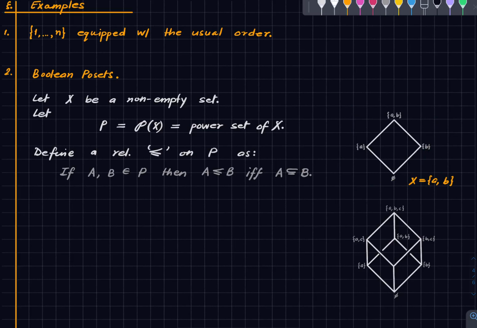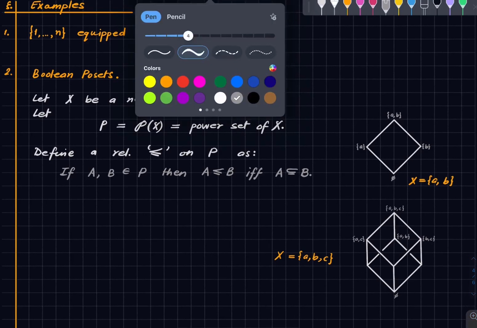Similarly, if X is the three element set, then there are 8 subsets of X. The empty set, the singletons, and I have mislabeled a few things.